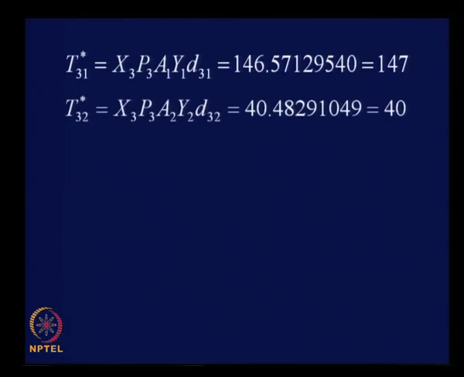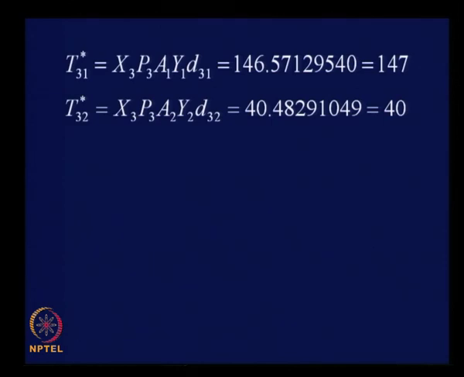T32, in fact it is T star 32 because it is model simulated value, to differentiate between Tij and T star ij, and we get 40.48 and we just simply round it off to 40, right.